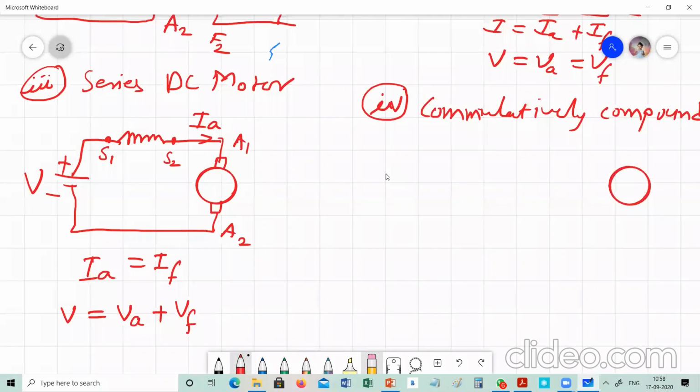In the cumulative motor, there are two windings. One winding is connected in parallel, and the other winding is connected in series.